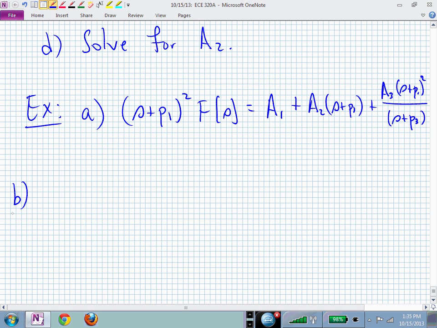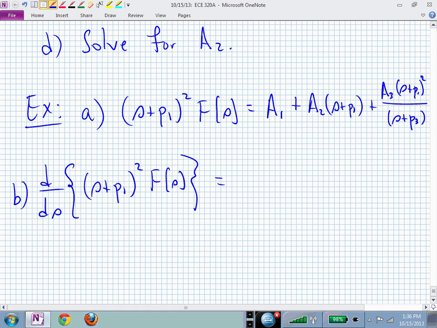Now we need to differentiate. We differentiate this expression, s plus p1 squared times F of s. And I won't do that just yet. But now we differentiate a1 with respect to s.